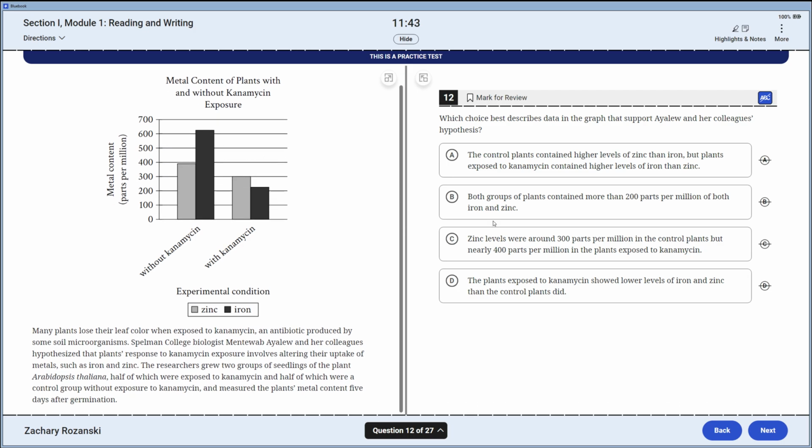Let's engage with this. So we've got data in the graph to support the hypothesis. I'll read the title. Metal contents of plants with and without K exposure. All right. We want to support their hypothesis. Let's find the hypothesis. The researchers grew 2 groups of seedlings, half of which had this, oh, geez, there's no hypothesis there. Hypothesized, here it is.